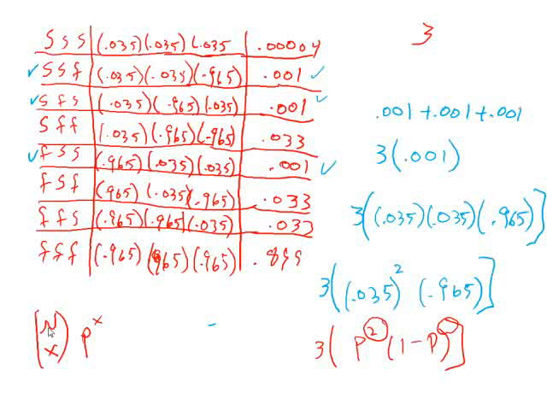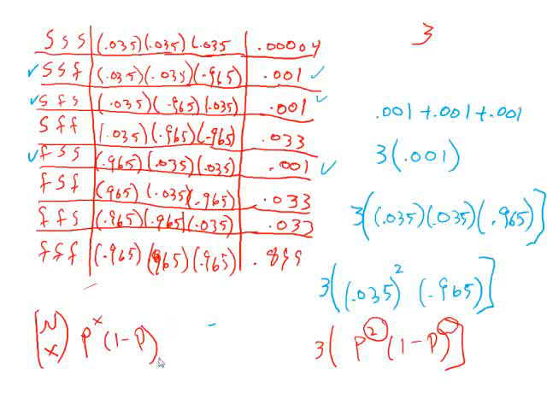Well, if I have 3 people, 2 of them are going to survive. How many of them are not going to survive? 1. And how did you get the 1? You took 3 minus 2. So notice again over here, if I take 1 minus p, I can raise that to the power of my failures.